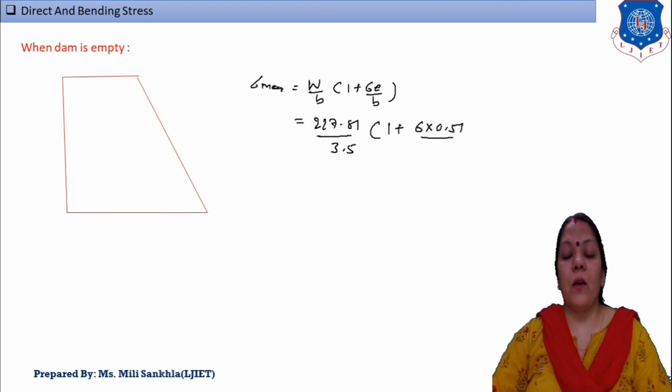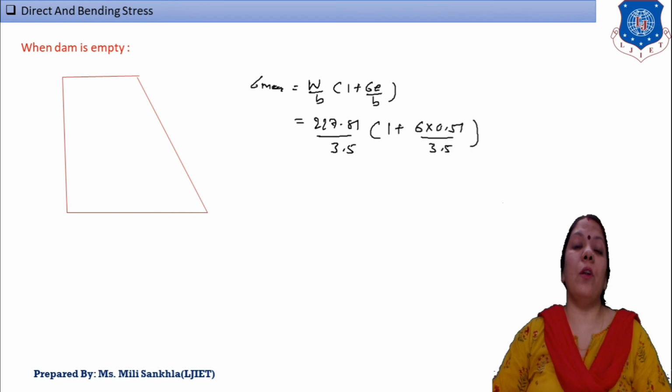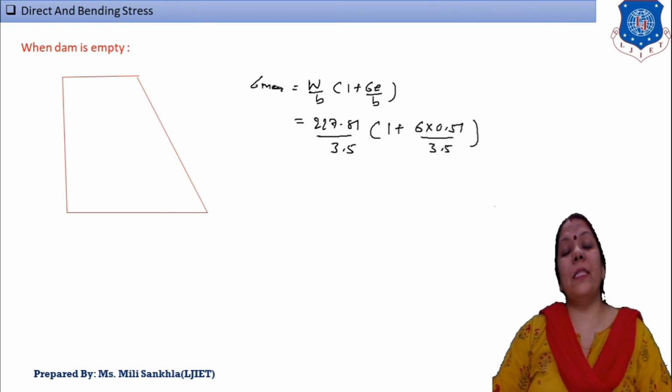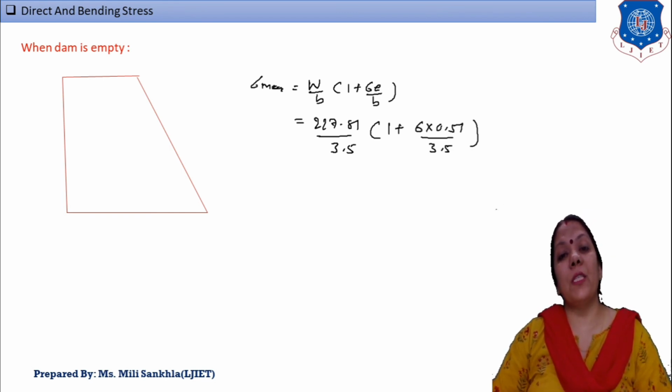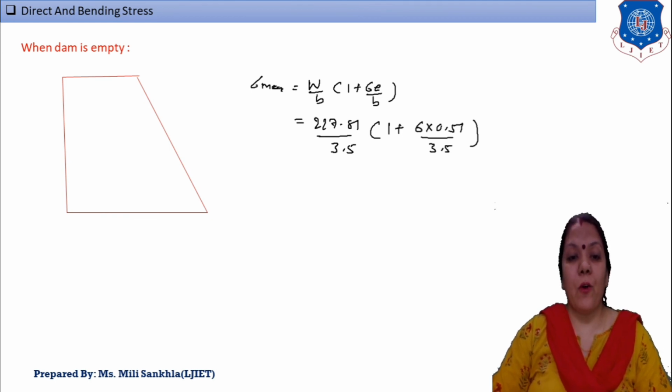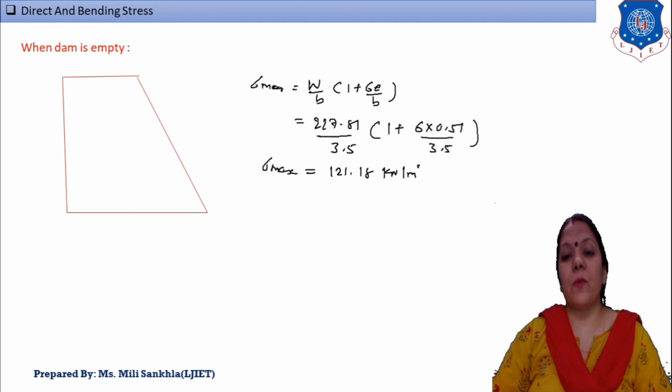Okay guys, for calculation we take eccentricity as positive. Negative eccentricity only indicates the sign of stresses, max and minimum, but for calculation we take positive. Now sigma max is equal to 121.18 kilonewton per meter square. Again this answer is positive, so here we write down compressive forces.